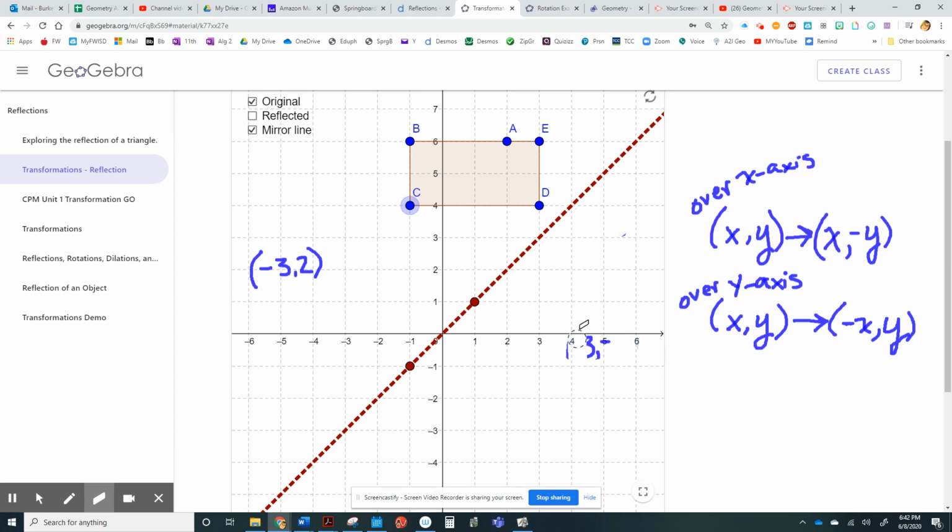and this. My D value, and it doesn't matter, you can pick any one of the points. My D value this time is 3 comma 4.